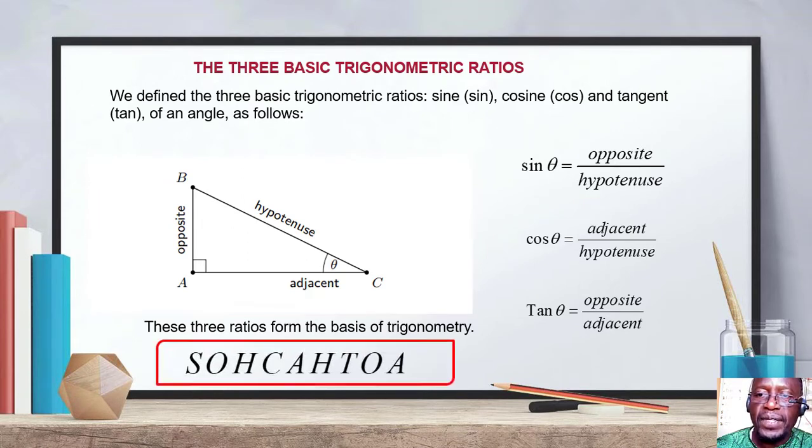And to remember the three ratios, recall we use SOHCAHTOA. SOH stands for sine being equal to opposite over hypotenuse, CAH stands for cosine of an angle being equal to adjacent over the hypotenuse, and TOA stands for tan being equal to opposite over the adjacent.